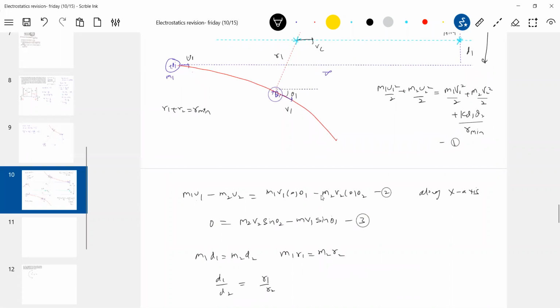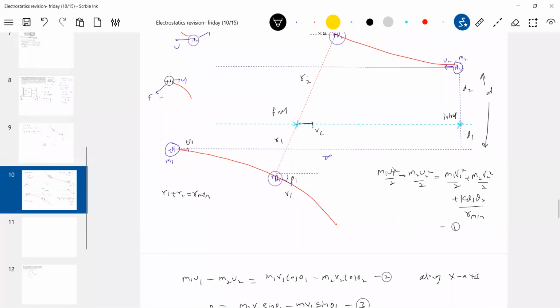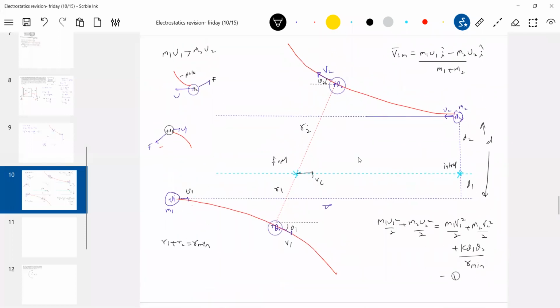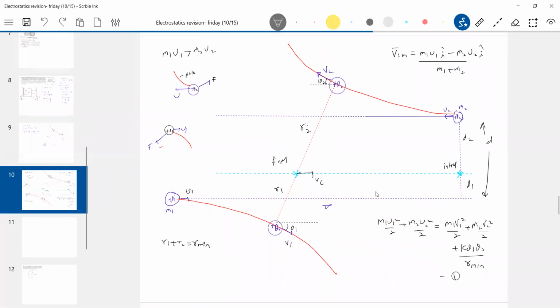Angular momentum we haven't brought till now. Applying angular momentum in the C frame, again we should get velocity. It is becoming very lengthy. The velocity of particles in the C frame you have to bring. Then apply conservation of angular momentum with respect to the C frame. Sir, we can write theta 1 equal to theta 2. We can get v1 and v2.